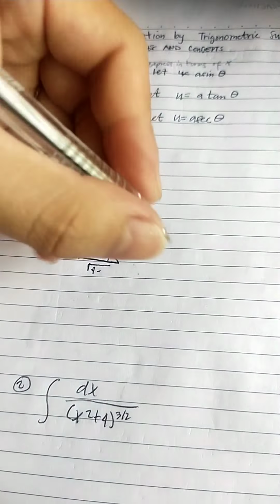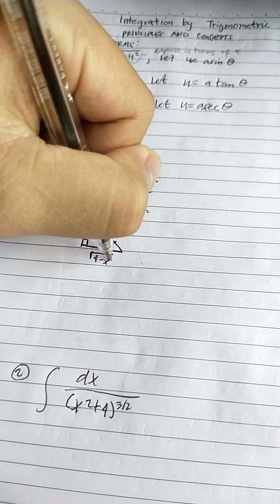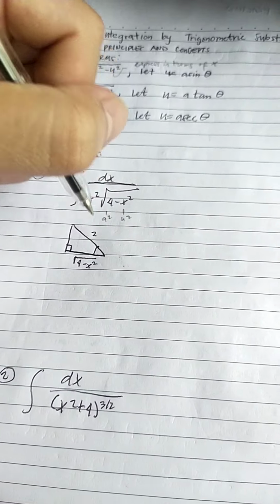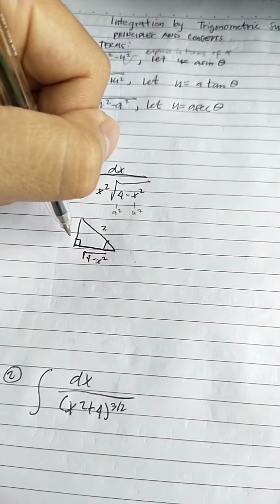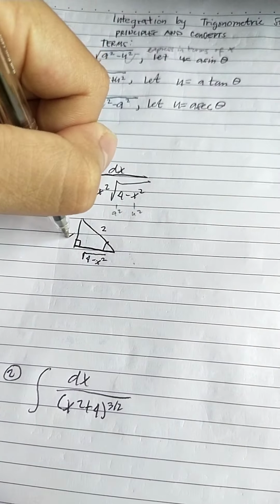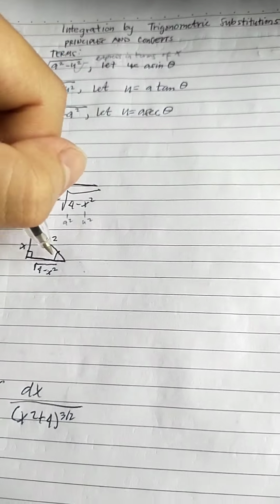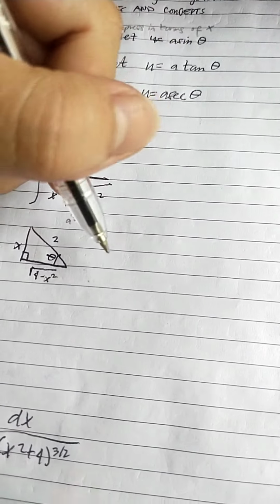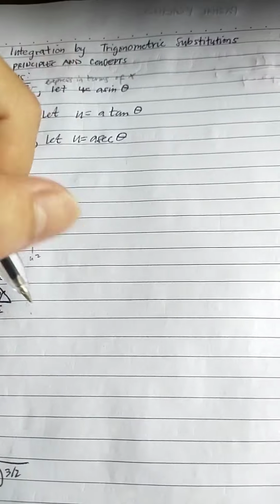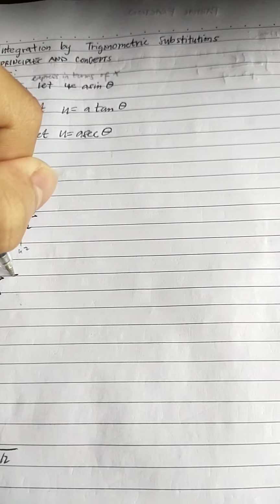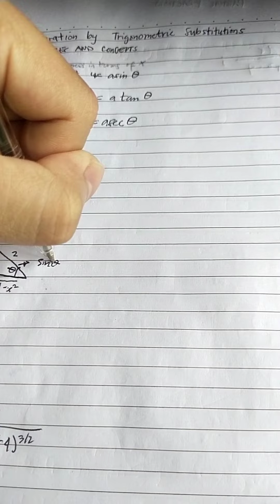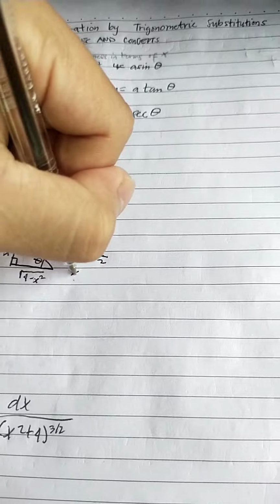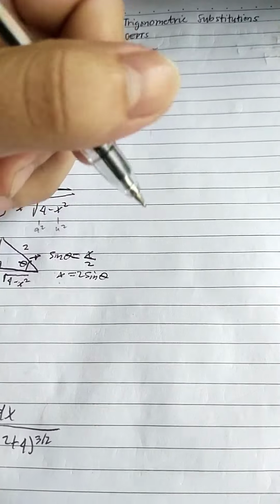Then this is our 2, our hypotenuse, and this is our x. Then this is our theta. So which means we will use sine theta, that equals x over 2. So x is equal to 2 sine theta.